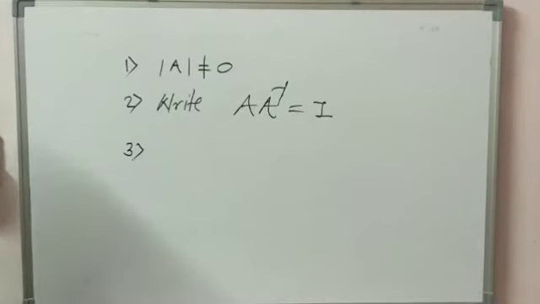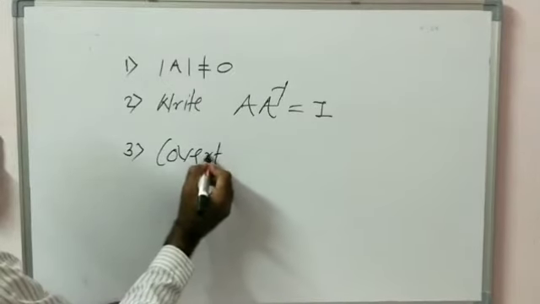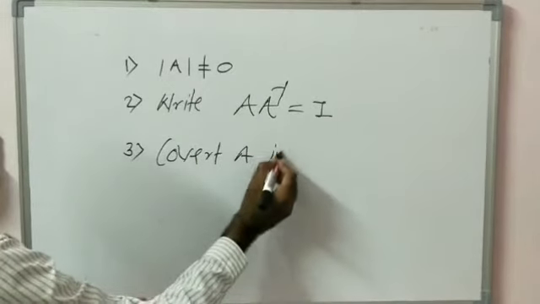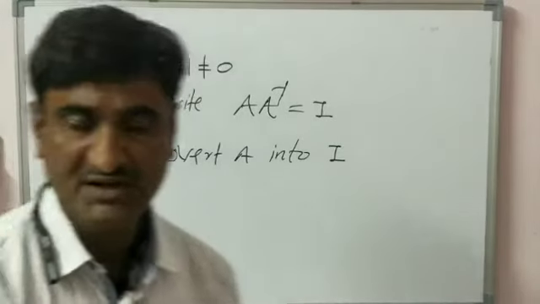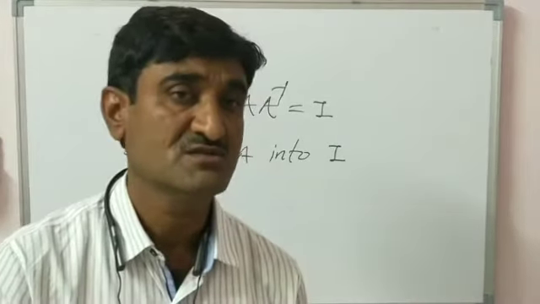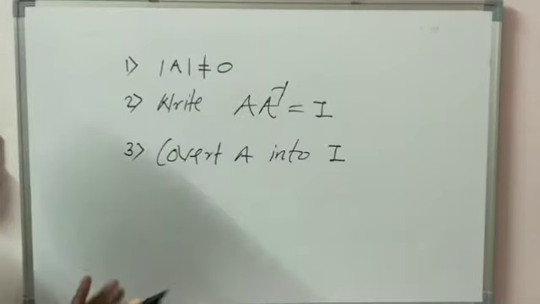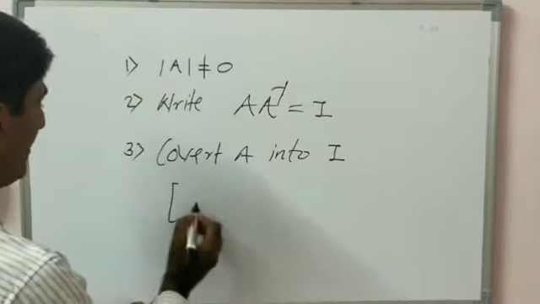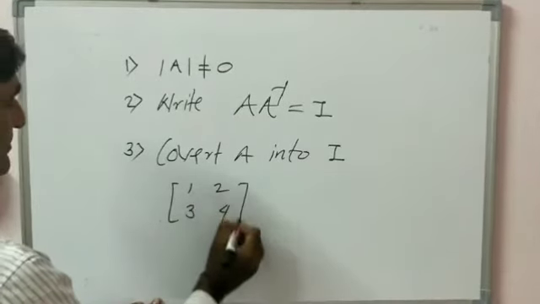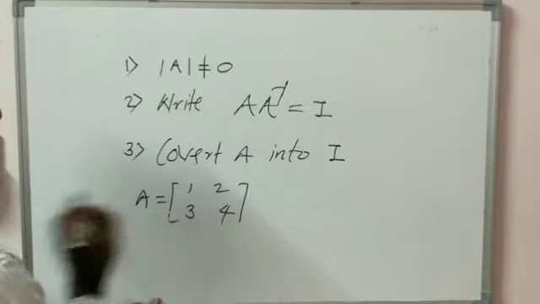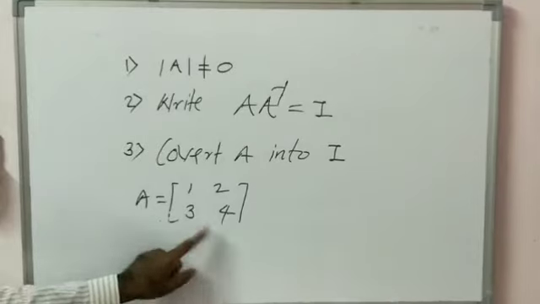Third step: convert matrix A into I, meaning the unit matrix. How do we convert? For example, we have this matrix A, and we want to convert this matrix into the unit matrix.